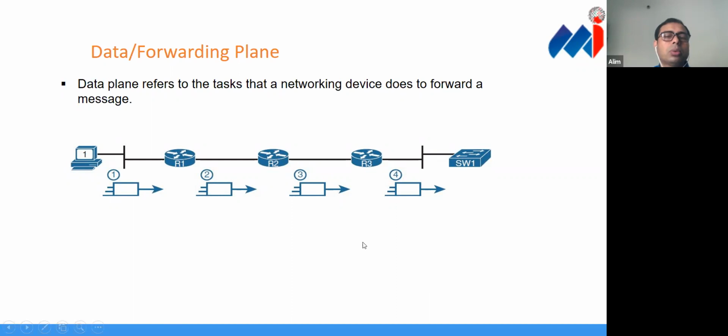From router 1 to router 2, traffic will pass. So how will it be passed? Based on control plane routing protocols and the routing table. In the routing table, there is a route for this type of traffic. In that case, traffic will be forwarded based on the control plane's routing table in the router. That is why the data plane or forwarding plane is dependent on the control plane, and they are interrelated.